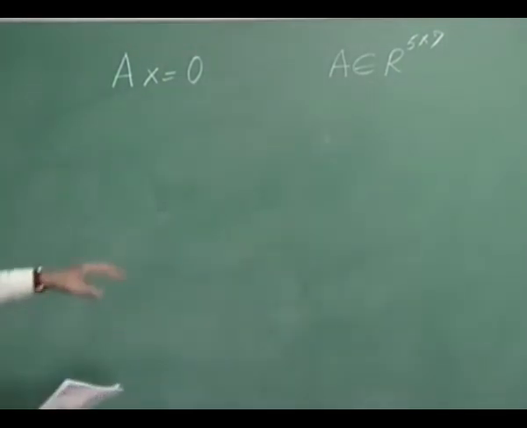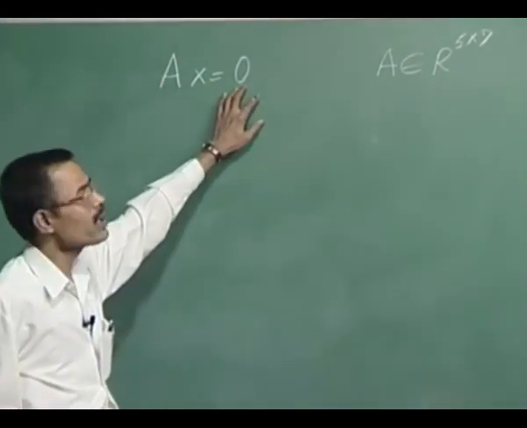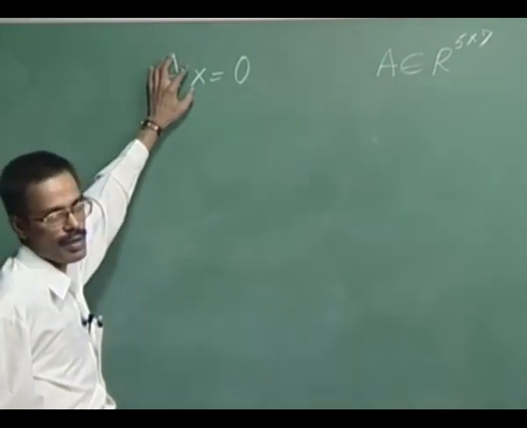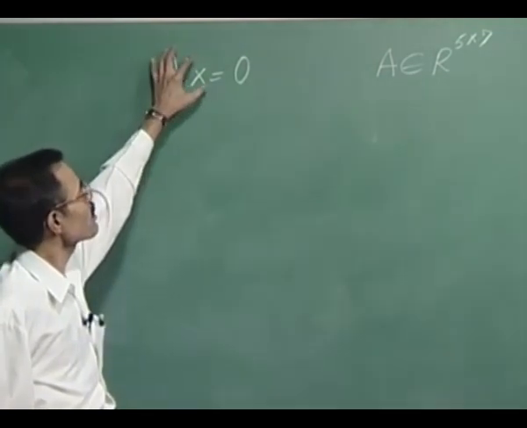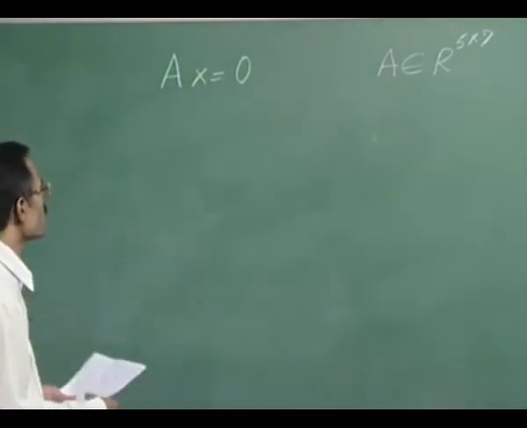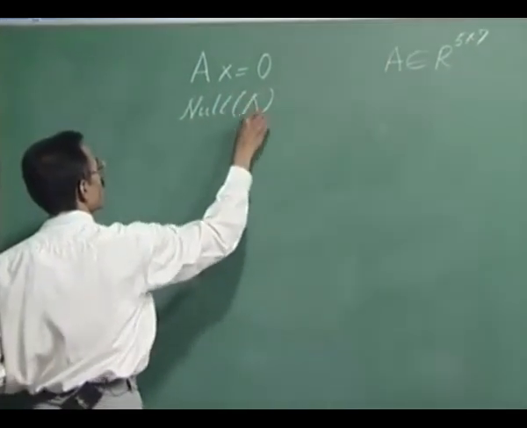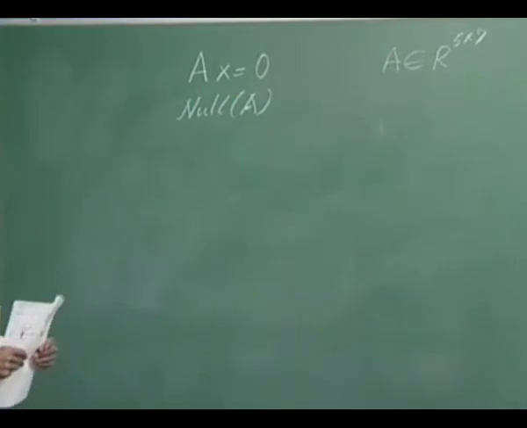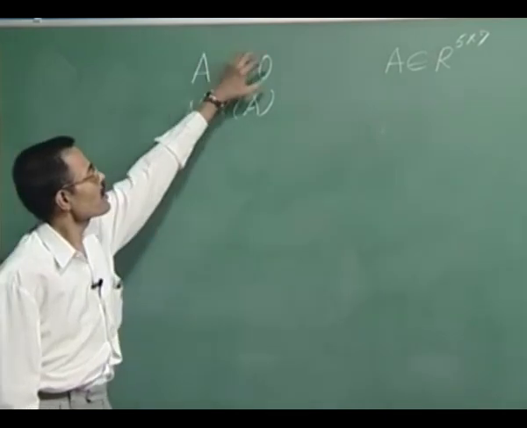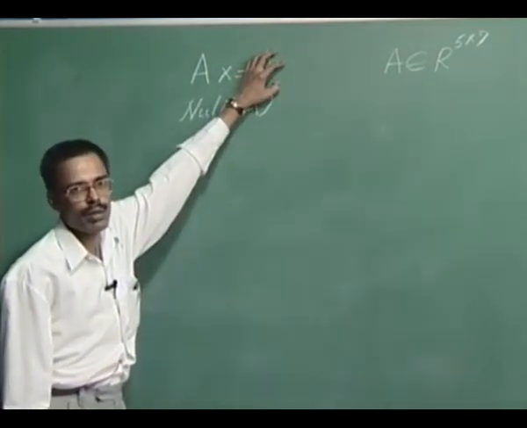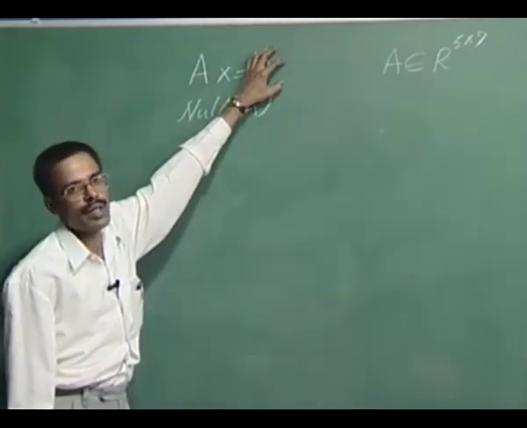When we say that we want to find the solution of this system Ax equal to 0, in which the right hand side is 0, that is equivalent to saying that we want to find the null space of A, because we are looking for all those vectors x which in the product Ax give us 0. Note that if we apply an elementary row transformation on A on this side, then on that side we apply the same transformation on 0, and it will still result in 0.